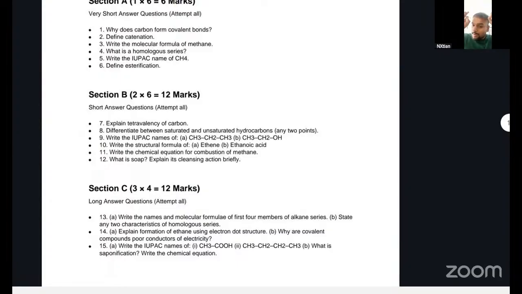In covalent bonding, they are not ionic, they can't make ions, and ions are responsible for the conduction of electricity. So in covalent compounds there is no cation and no anion, hence they do not conduct electricity. Simple. Got it? Which question is that?